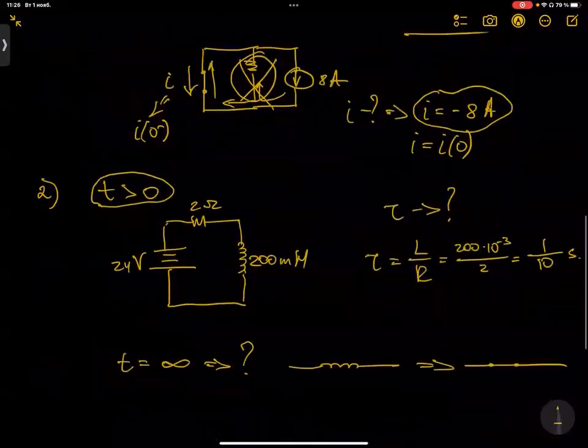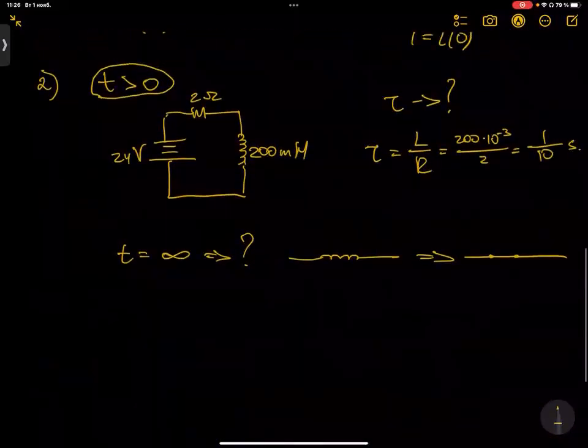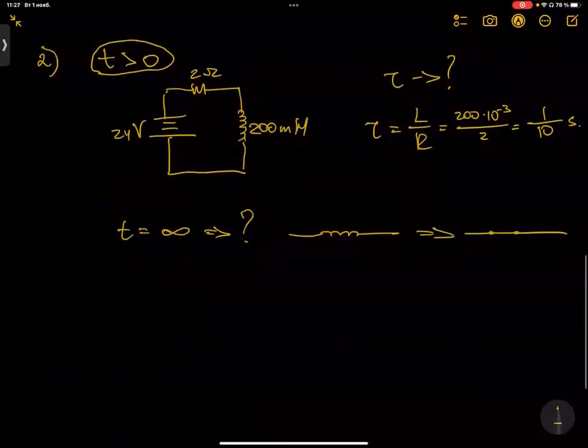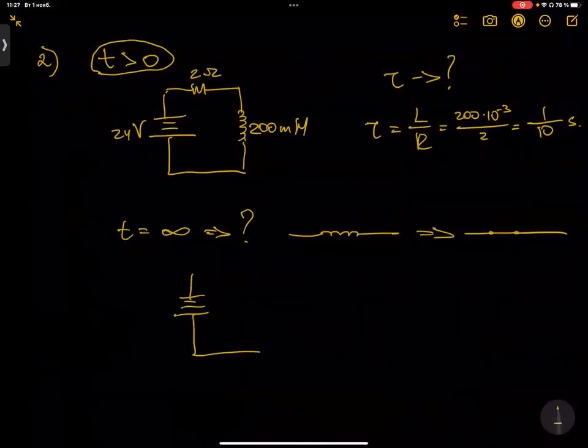But initially, right after t bigger than 0, it is not replaced with a short circuit. When it reaches infinity, an infinitely big number, we can replace it with a short circuit, and what we have is this voltage source, short circuit, and resistor.